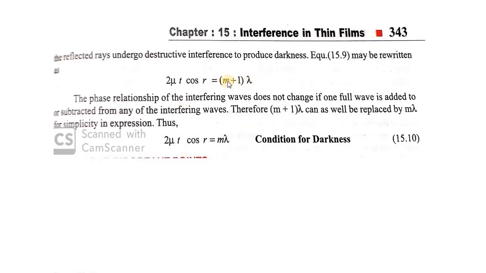M is an integer, 1 is an integer, so integer plus integer means we'll get another integer. So instead of m plus 1 lambda, I can write it as m lambda. So if the path difference 2 mu t cos r is equal to m lambda, in the case of thin film interference in reflected light, this is the condition for darkness. M plus 1 lambda is replaced by m lambda, since the addition of a complete wavelength won't bring about any change. I hope this is understood.